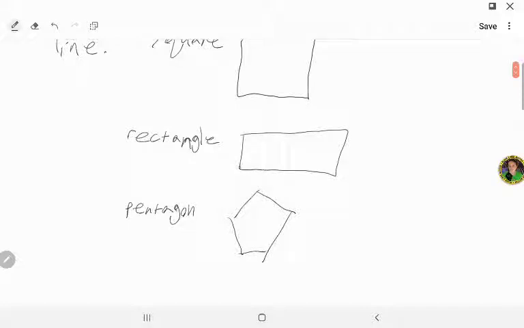You notice, though, that what we're going to be particularly concerned with is the idea of a regular polygon.